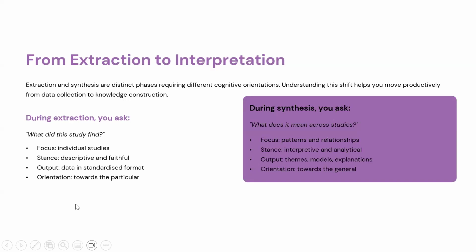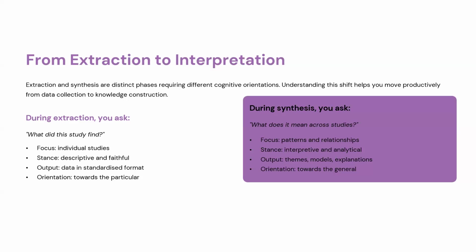Whereas in synthesis, you may tend to ask instead, what does this mean across studies? So given the other studies that I have chosen or that have made it through the filtering process, what does it actually mean in light of what other authors are saying? And what does it mean in terms of the broader body of literature that is out there?